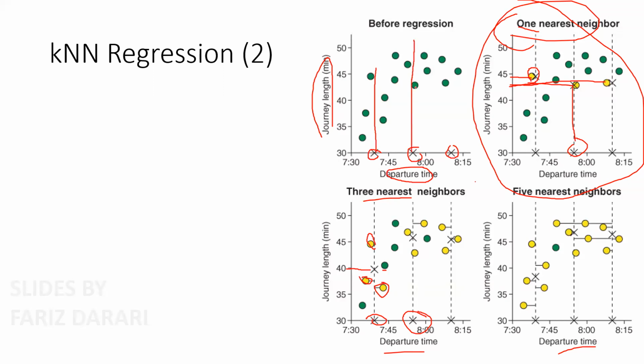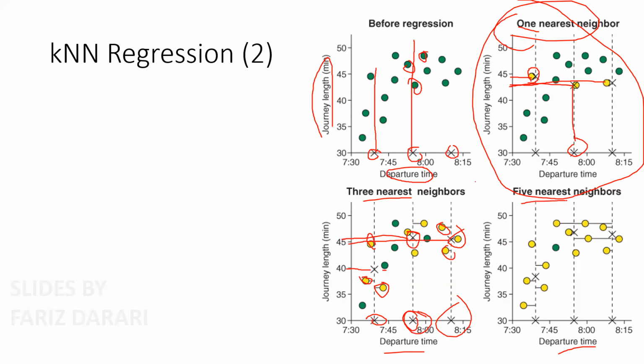I mean, it should be this, this, this one. I think this is correct. So the average would be this. So the predicted journey length for the departure time of this time would be this one. And also for this one, right? The nearest neighbors would be this, this, and this. So the predicted journey length would be this one.